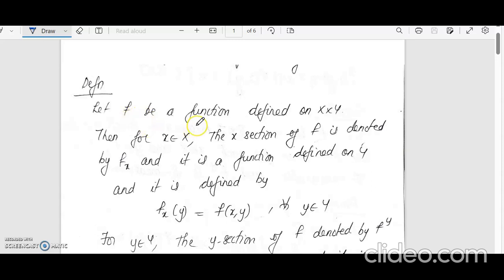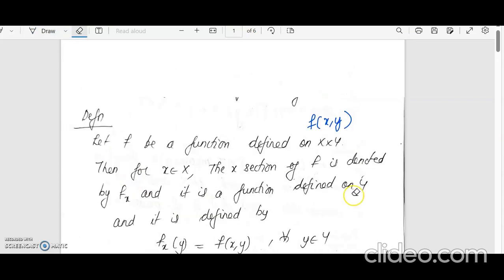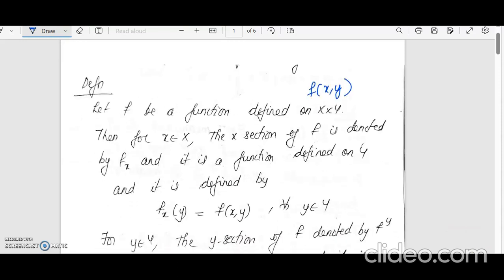So the function f which is defined on x cross y, so that is a function of two variables. So we have the function f of xy. Now by x section of f we mean, so that is denoted by fx, a function defined on y, and it is defined by fx of y equal to f of xy. So we are fixing the x value, so x is fixed and fx of y will be equal to f of xy where y belongs to y.